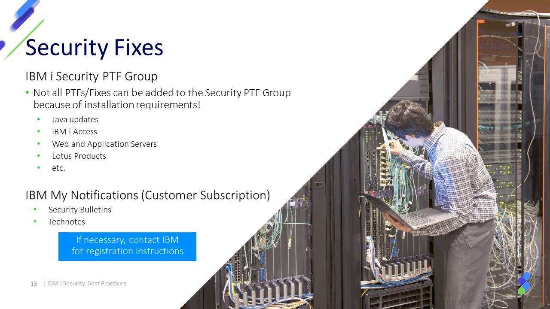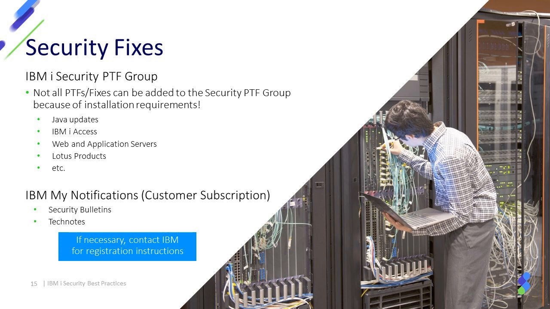If you have not already subscribed to what's called My Notifications from IBM, I would recommend you take a look at that. If you need some help with that registration, you can contact the IBM Support Center and they can give you the instructions. The recommendation there is that anytime a fix comes out of IBM for any technology that you subscribe to, right?